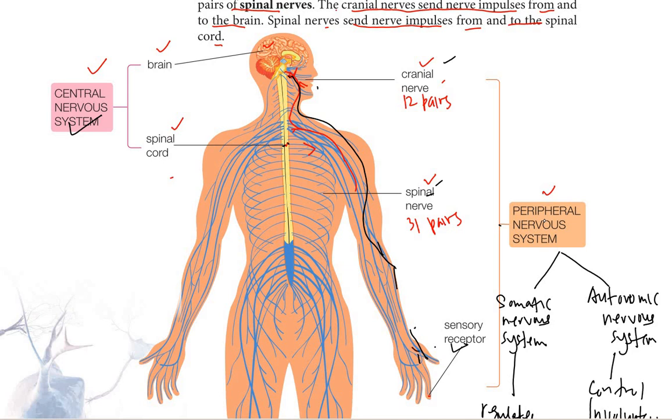So the stimulus will be sent by the spinal nerve to the spinal cord. So this one functions to connect the peripheral nervous system with the central nervous system. For the control action, we go to the cranial nerve. So this one connects the peripheral nervous system to the central nervous system, to the brain or to the spinal cord. So these are the functions of the peripheral nervous system.